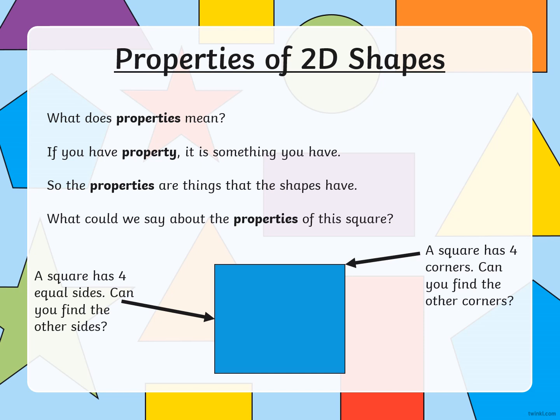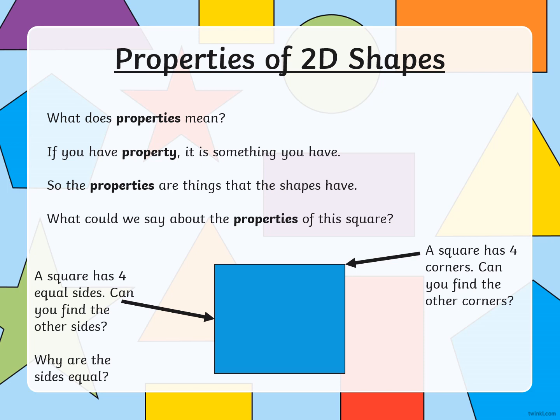Now, I said to you earlier that a square was special. A square is special because it always has 4 equal sides. We've been practicing what the word equal means a lot. It means the sides are the same length.